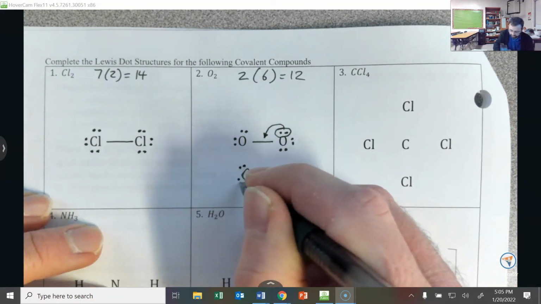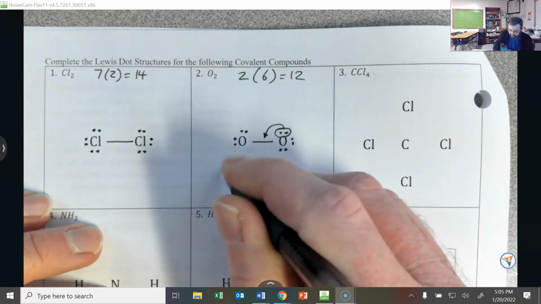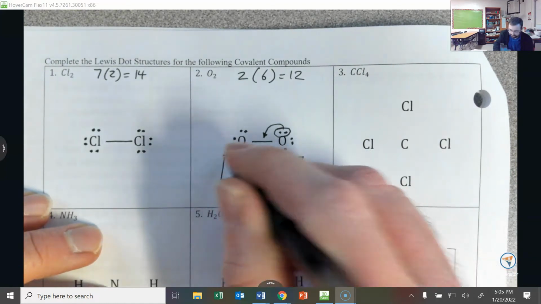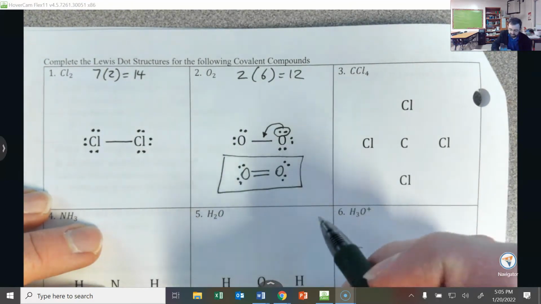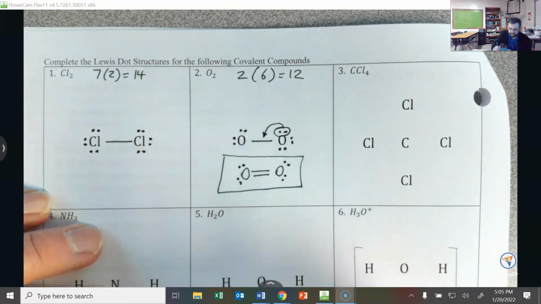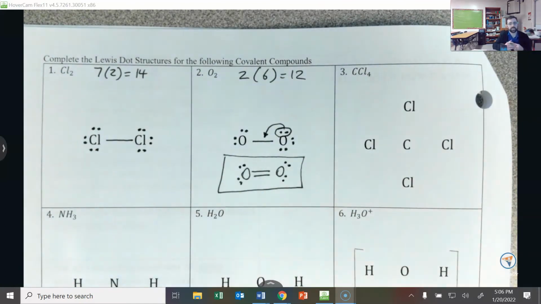So we end up with something that looks something like this. Now let's check it. 2, 4, 6, 8. 2, 4, 6, 8. You do double bonds and triple bonds if there are not enough electrons to make every atom in the molecule happy.